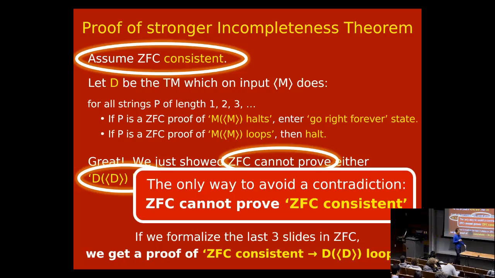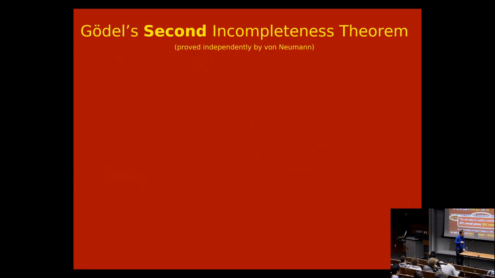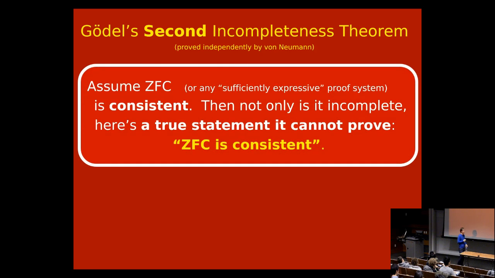So the extra plot twist is that you get an explicit, interesting statement that ZFC cannot prove. And this is Gödel's second incompleteness theorem, also proved independently by von Neumann, which is that if you assume ZFC is consistent, then not only is it incomplete, here's a particularly interesting true statement that it cannot prove. ZFC is consistent. So much like with the halting problem, we originally showed that there are some uncomputable languages, and then Turing came along and said, actually, not only is there an uncomputable language, there's a particularly interesting one, the halting problem.